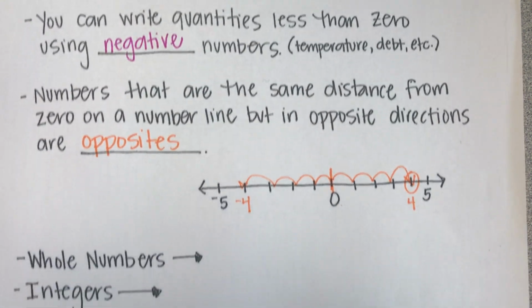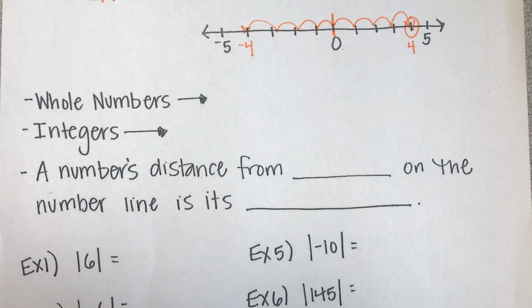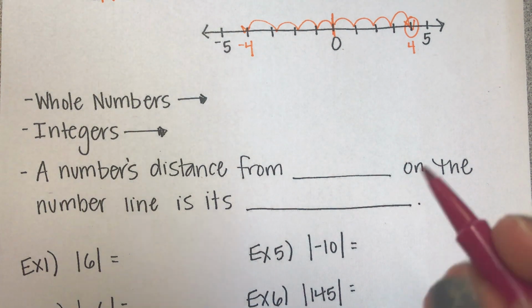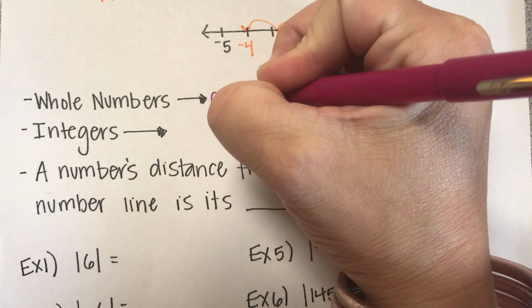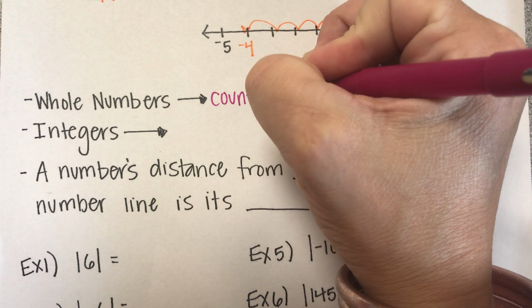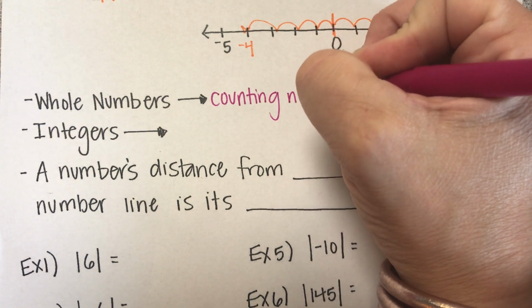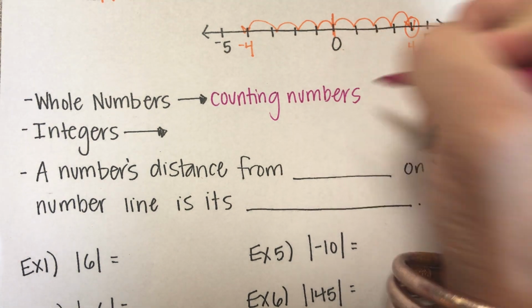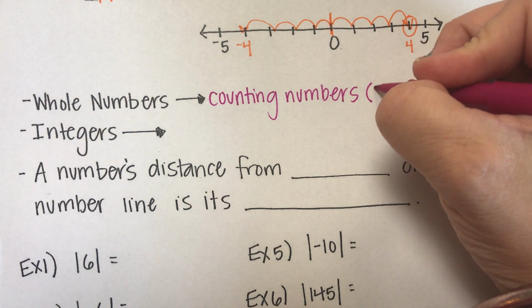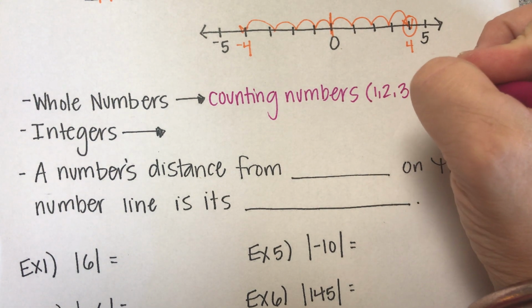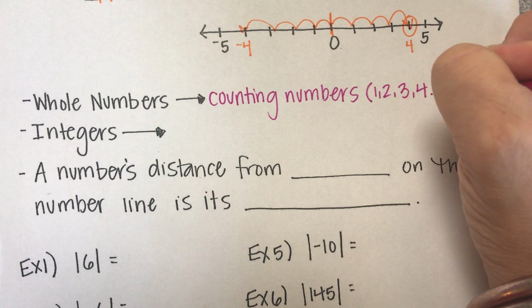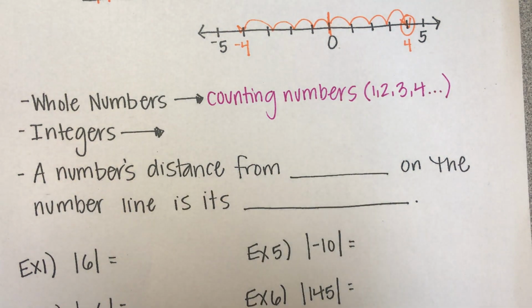So now we're going to talk about what makes a whole number and what makes an integer. Whole numbers are what we call your counting numbers. Okay, the numbers that you learned when you were a toddler, like 1, 2, 3, 4, on and on and on. And then what are integers?